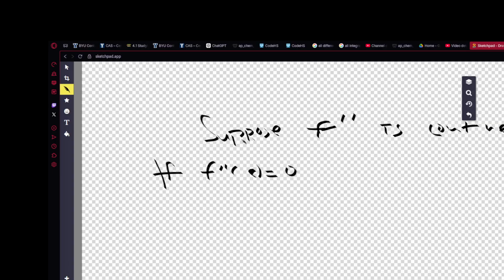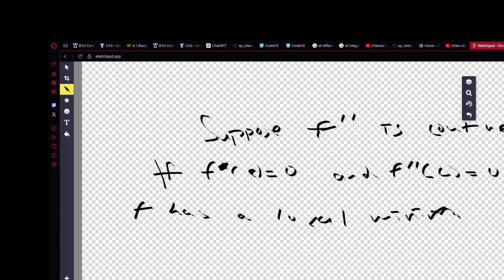So if f prime of c is equal to 0, and f double prime of c is greater than 0, then f has a local minimum, or in this case it could also be an absolute minimum.